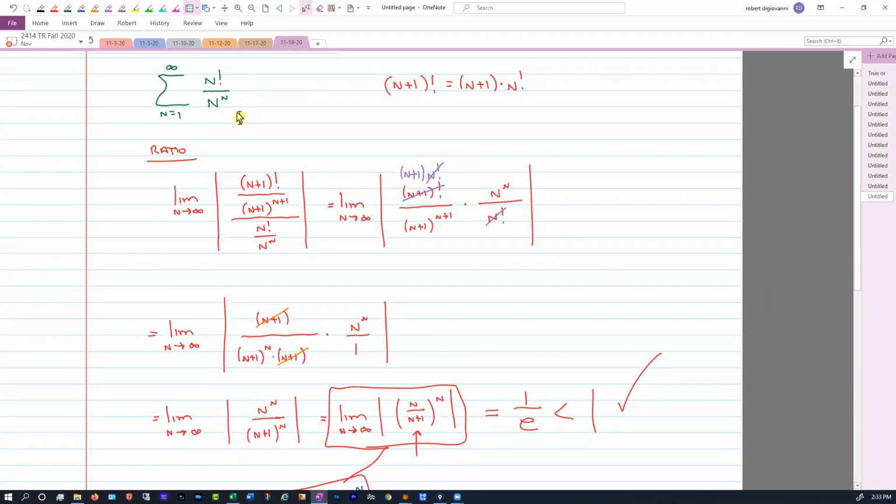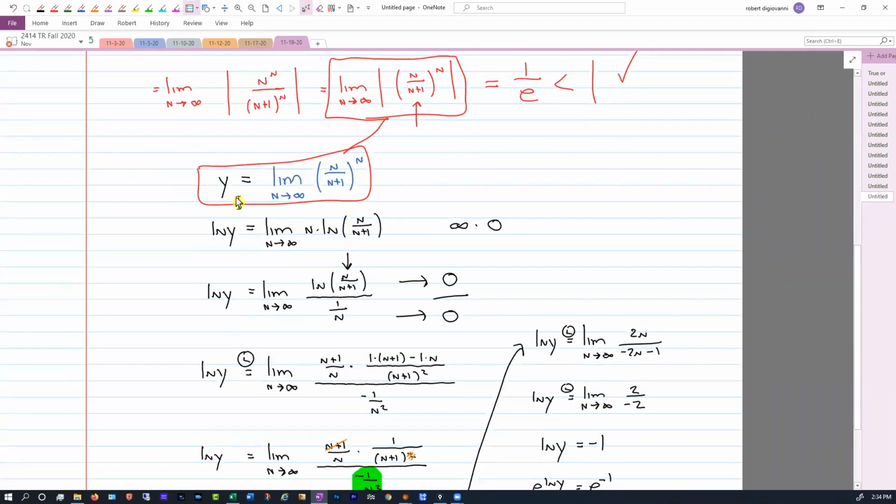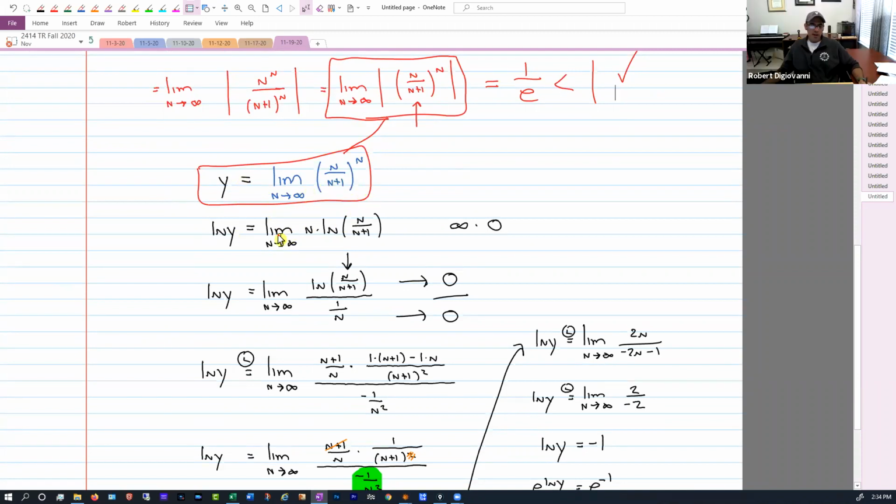Okay, question. Remember where we brought in the natural log, ln? When do we use the natural log on both sides?